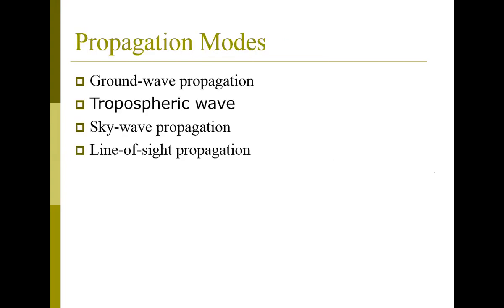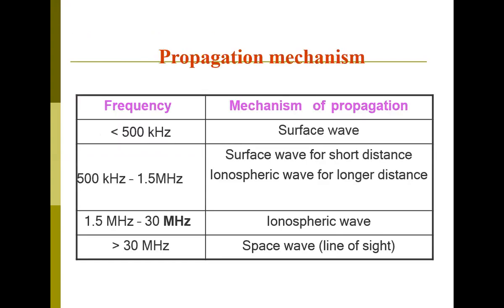Propagation modes: ground wave propagation, tropospheric wave propagation, sky wave, and one we have added, line of sight, what we can visualize till our sight. This is the frequency range that has been shown.